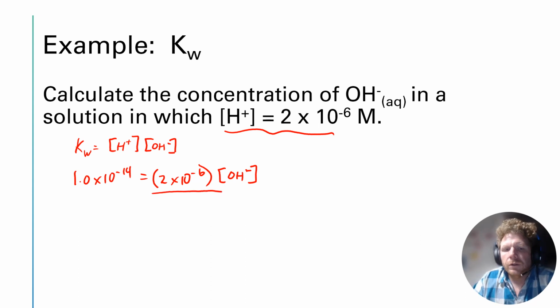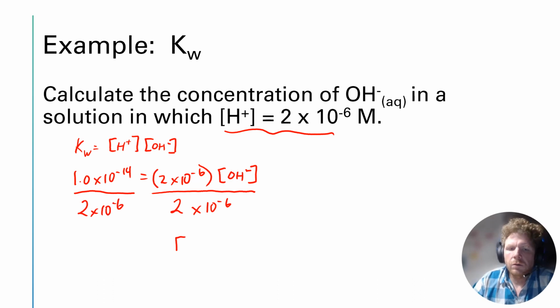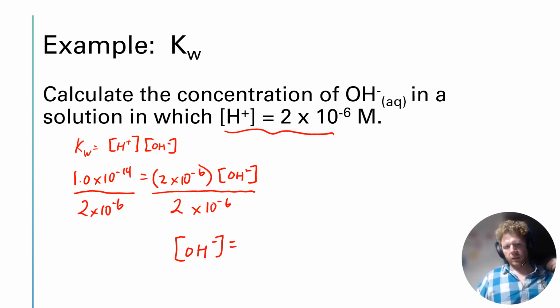So what I'm going to do is simply do the algebra to get that hydroxide ion concentration by itself. So I'll divide each side by 2 times 10 to the negative 6th, and that's going to be OH minus is equal to 1.0 times 10 to the negative 14th divided by 2 times 10 to the negative 6th.